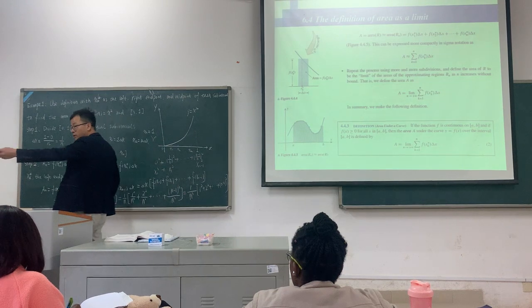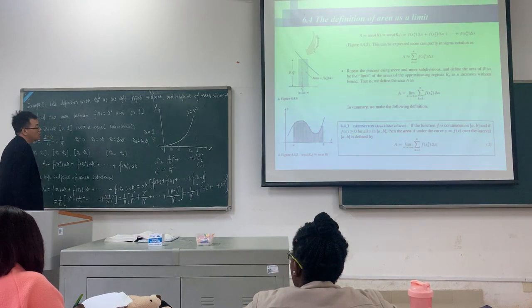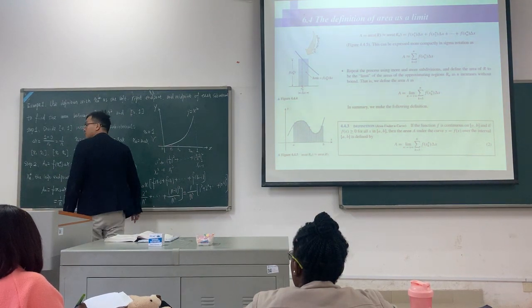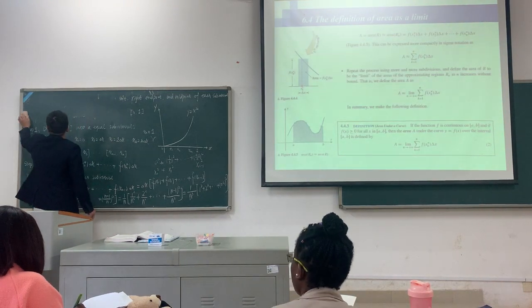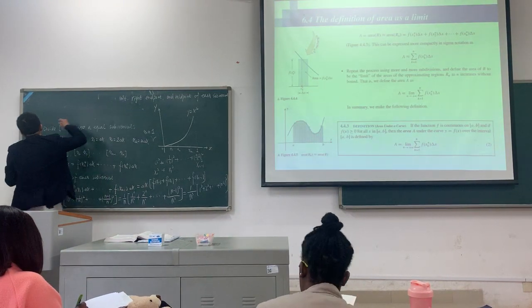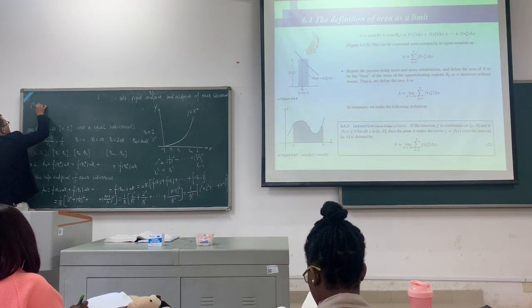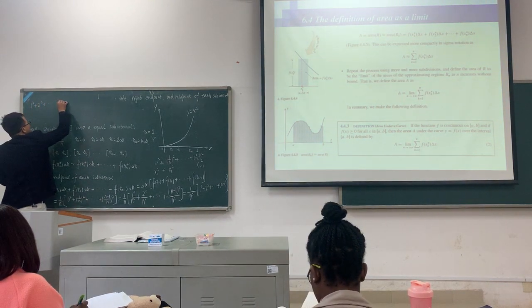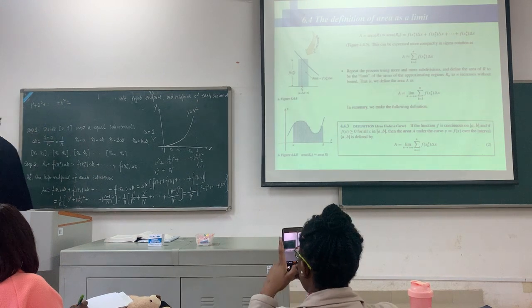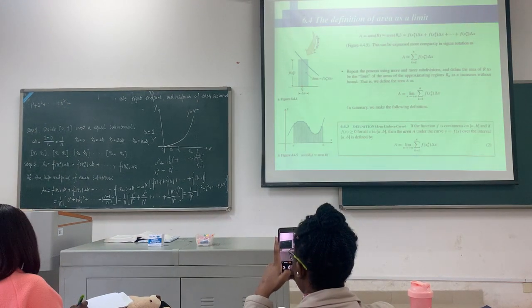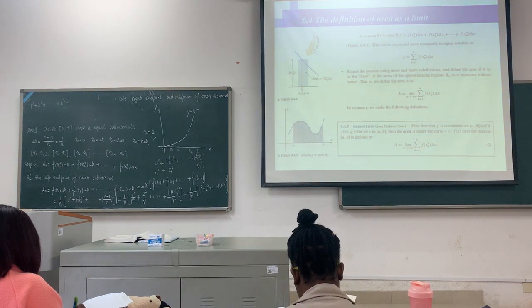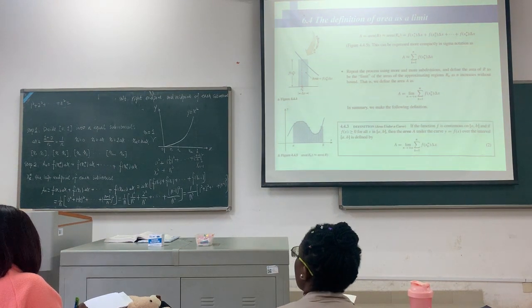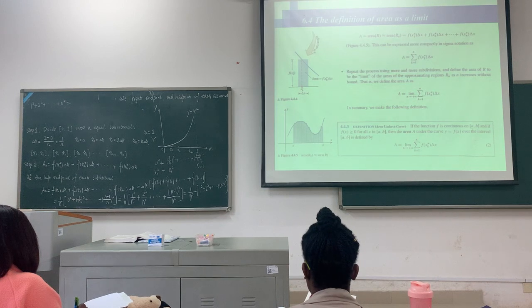So you stand up and answer me. Yes, stand up. You, yeah? So answer me. 1 squared plus 2 squared plus up to n squared equal to what? I introduced the result in the last class. So this equal to what?